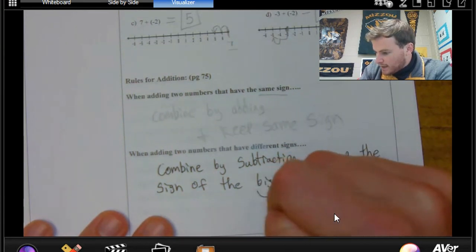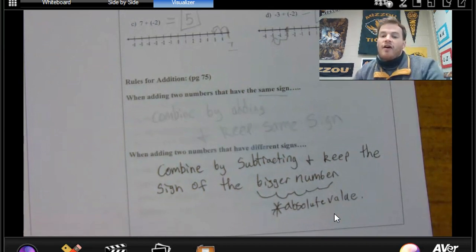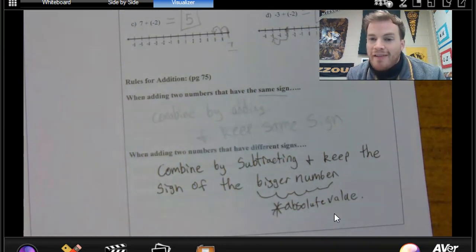That's key. Because obviously all negative numbers are less than all the positive numbers.